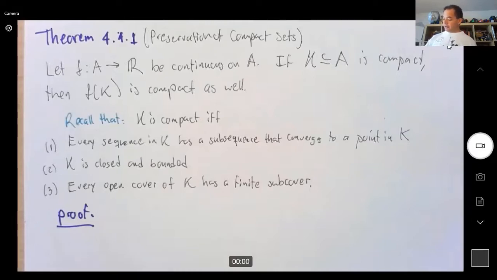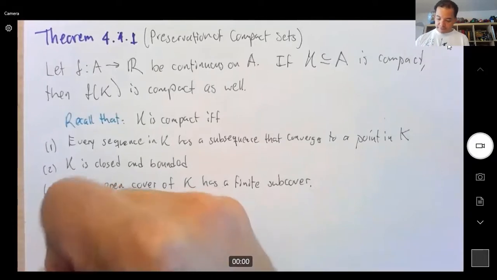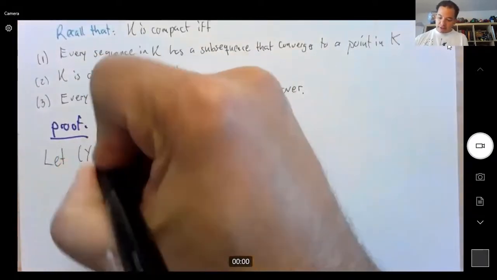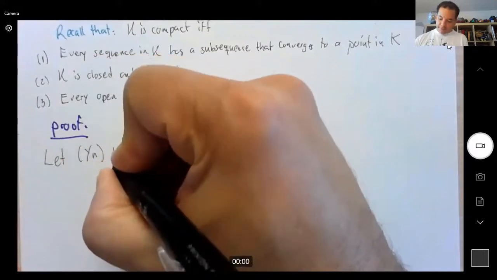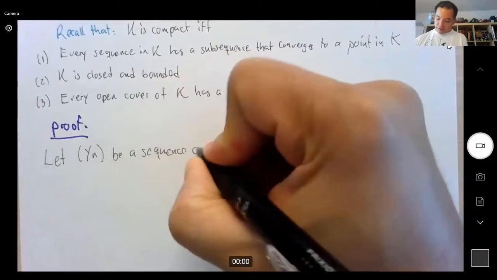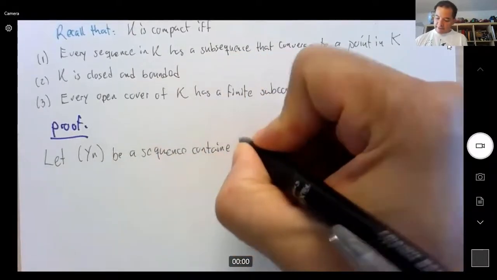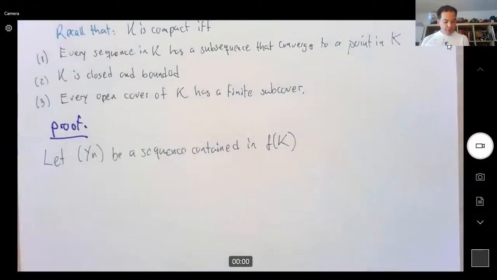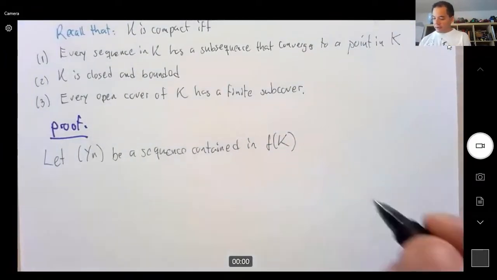Okay, so let's start writing it down. We'll consider a sequence, I'm going to call it y of n, contained in the image set f of K, right? Maybe we'll do a little picture here.